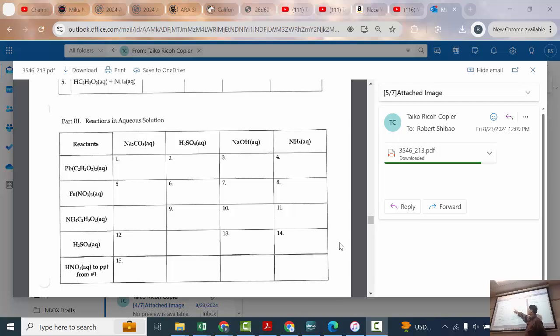Lead 2 acetate with sodium hydroxide? Lead 2 hydroxide and sodium acetate. Lead 2 acetate with aqueous ammonia. Lead 2 hydroxide and ammonium acetate.